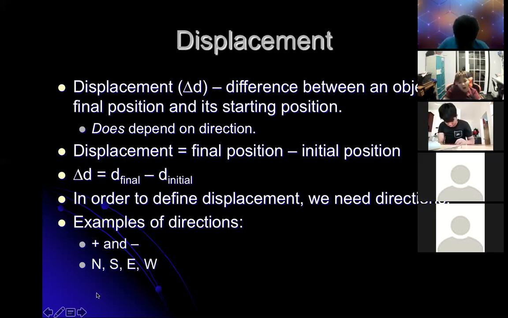Also, we use the different directions north, south, east, and west. Okay, so generally north is a positive direction, south is a negative direction, east is a positive direction, and west is a negative direction.